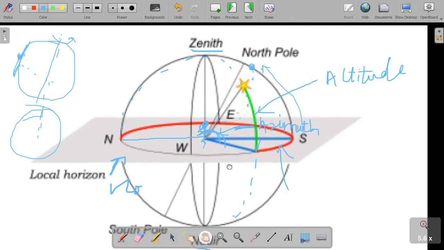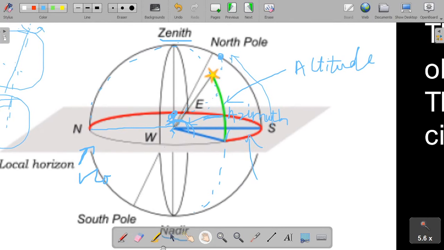And now coming to the azimuth, in this diagram, the azimuth is measured from south to west, but generally to define it we use it from north to east. So the azimuth is basically the angle made by the meridian of the star with the meridian connecting the zenith from the north.